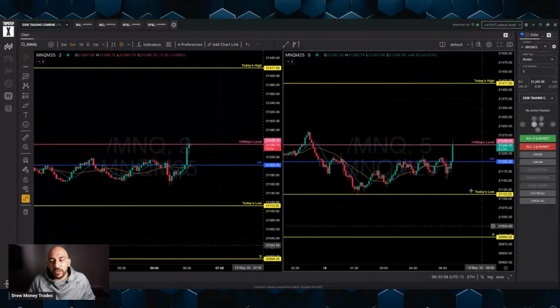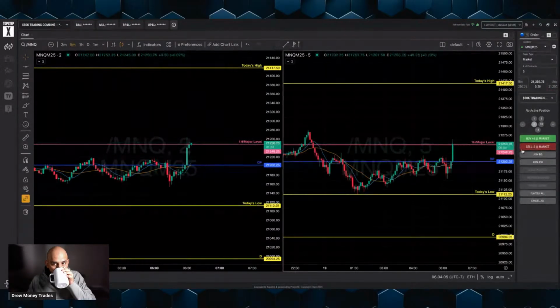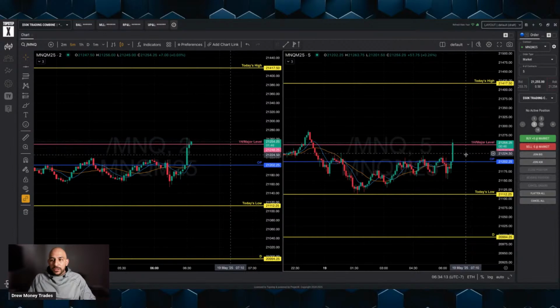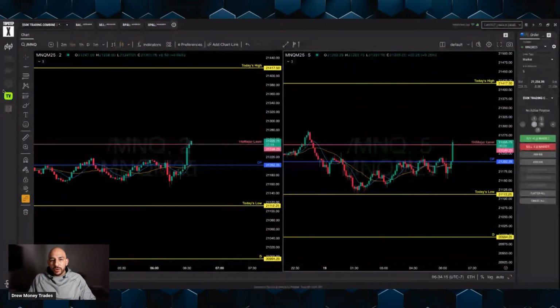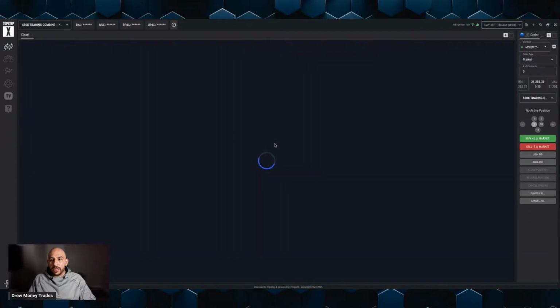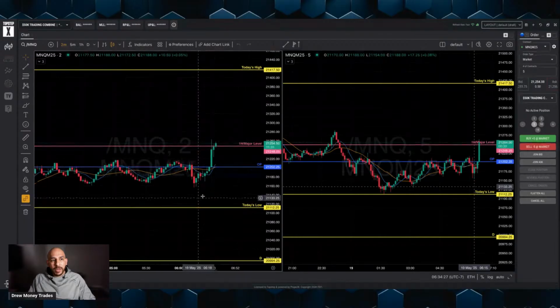So here's how I'll enter the market. I have buy and sell. These are market orders. As soon as I press buy, I enter the market, and if I press sell, I enter the market for a sell. Since I have my risk parameters right here, once I get into the market, my stop loss and take profit will automatically show.